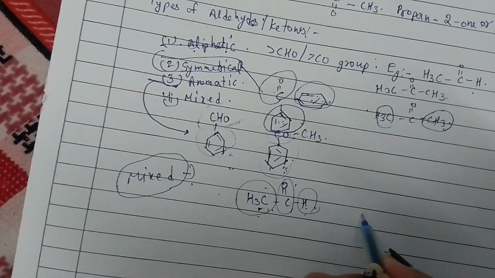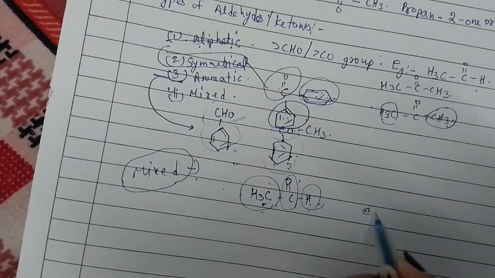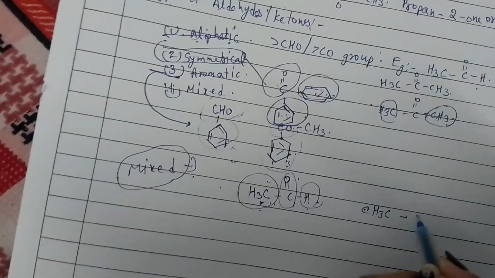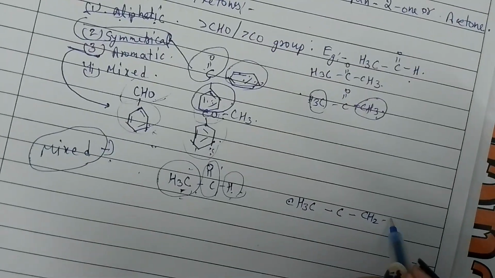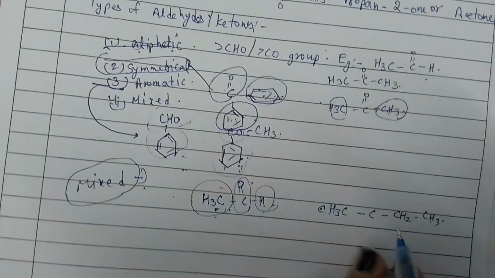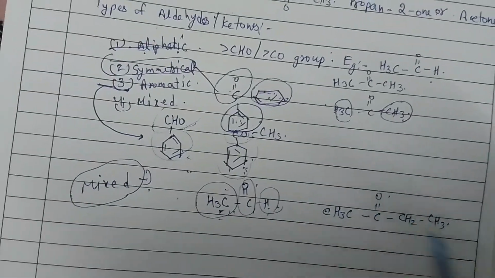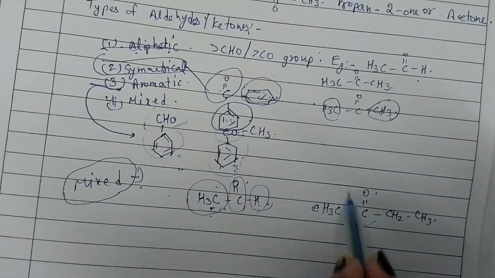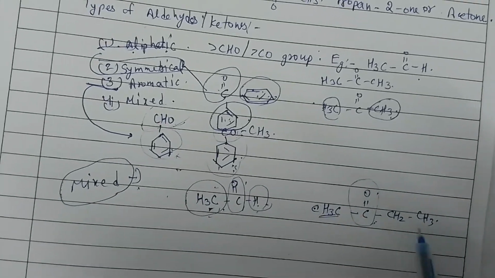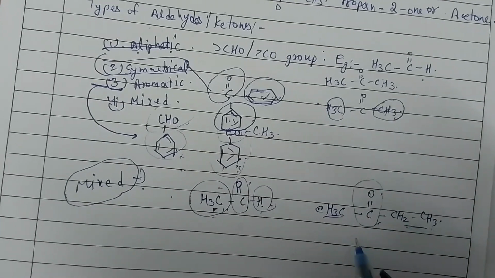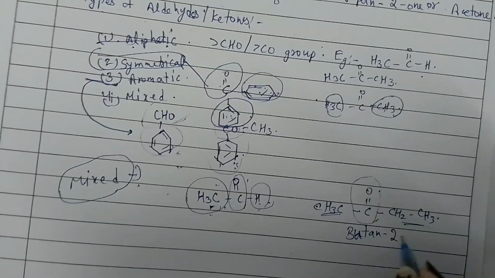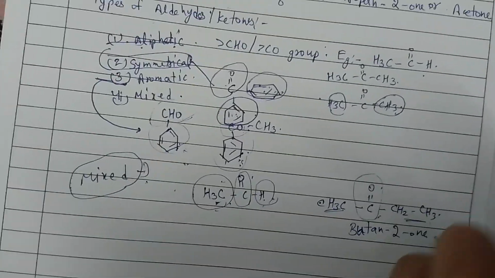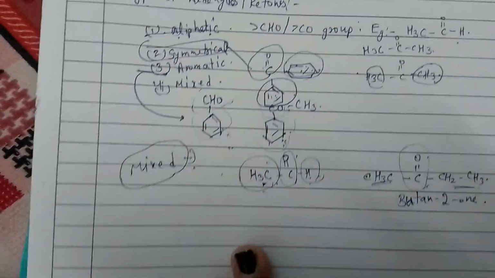And for the next example, CH3, C, CH2 and CH3. Here we can say two different groups are attached, and the name of this compound is butane 2-one. Okay, next we will see.